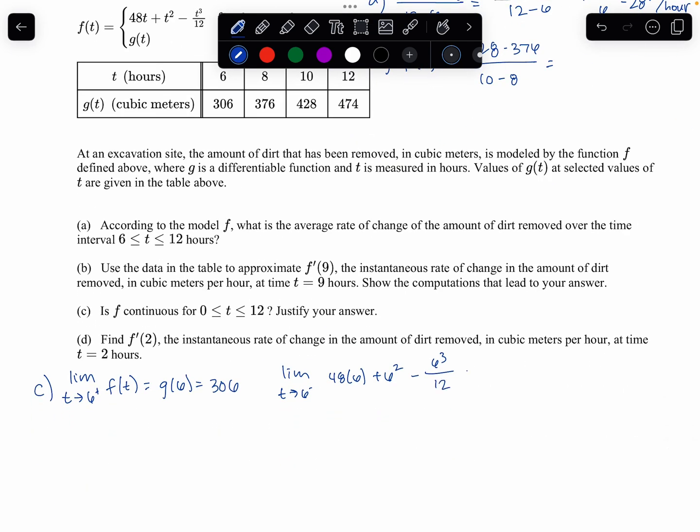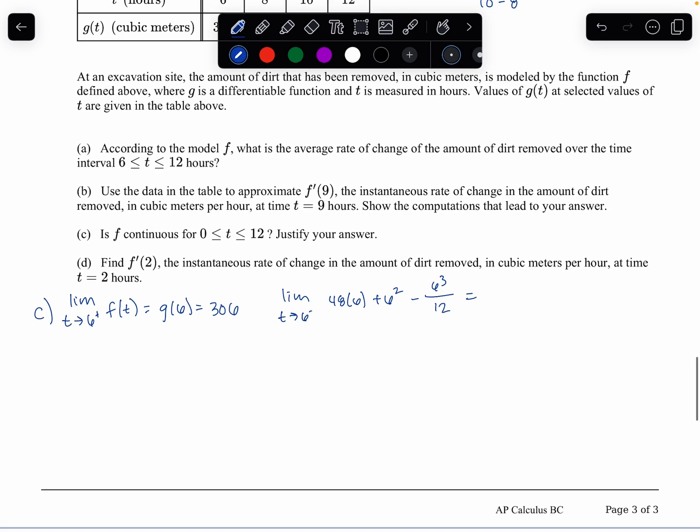So use a calculator. Okay, go through these operations here. And if we do that, so 48 times 6 plus 36 minus 216 over 12, that equals 306.